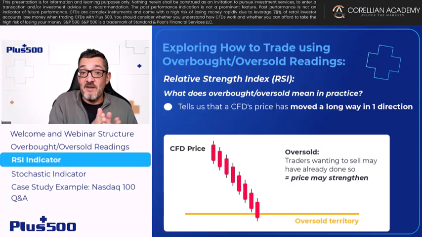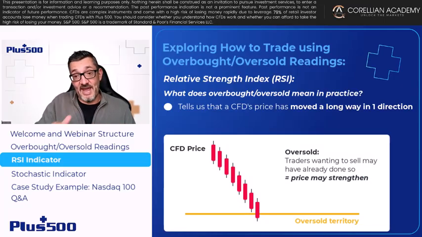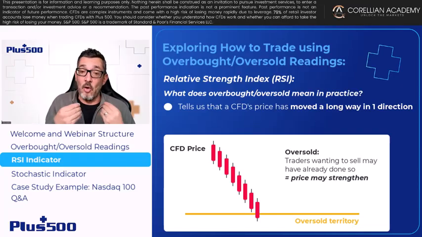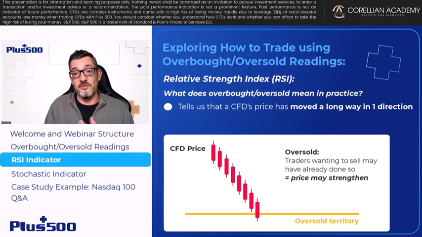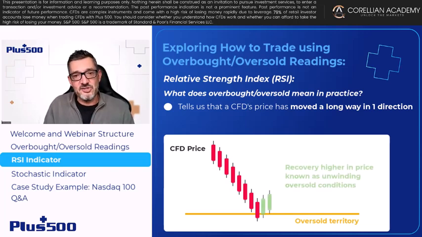On the other hand, if the move has been sharply to the downside, we may be dealing with oversold conditions. In this scenario, most of the traders who wanted to sell have already sold. Once that selling pressure begins to ease, or buyers start stepping back in to the market, we often see a recovery as those oversold readings unwind.